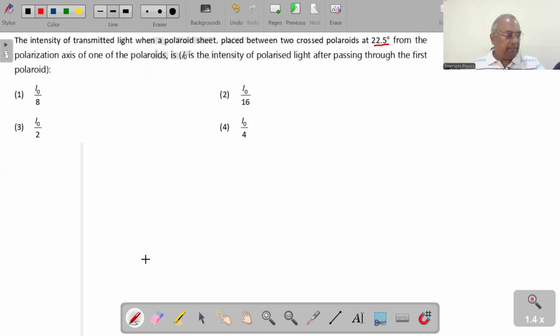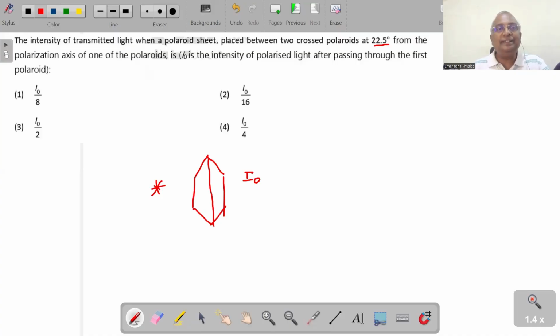Here the unpolarized light is coming and is converted into plane polarized light. Its intensity is taken as I naught.